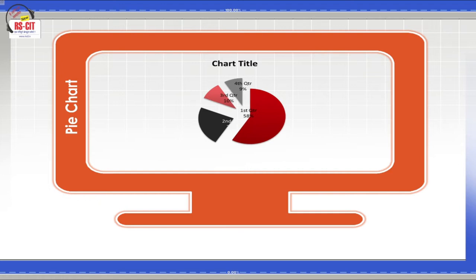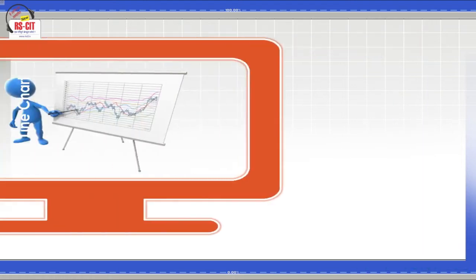Each value is shown as a slice of the pie, so it's easy to see which values make up the percentage of a whole. Pie charts contain just one chart data series. All values should be positive for this type of chart. Line charts.